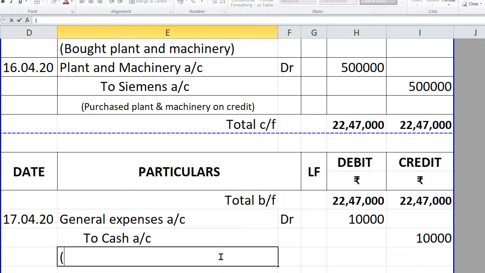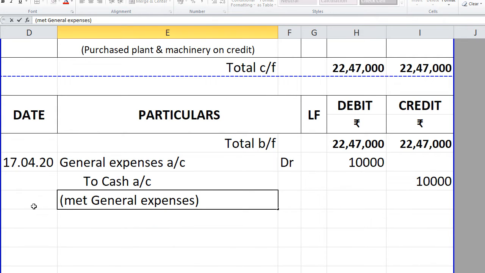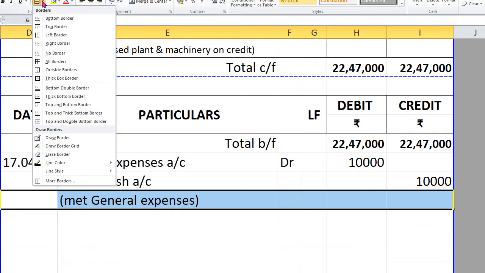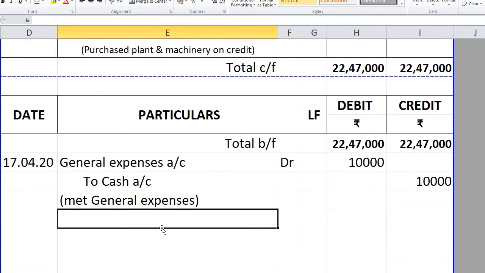And the narration is paid general expenses. That's enough. And what we have to do now, draw a line. Okay, drawn. Next, what is the transaction?